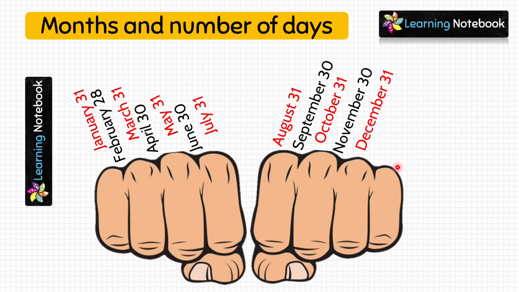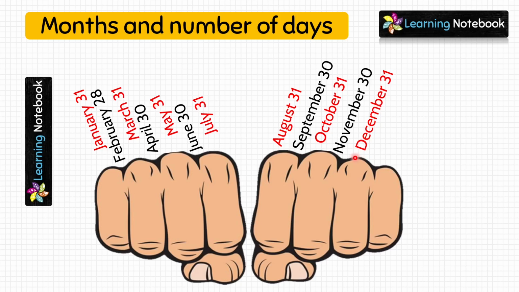Now, if you see carefully, months which are on knuckle are January, March, May, July, August, October and December.